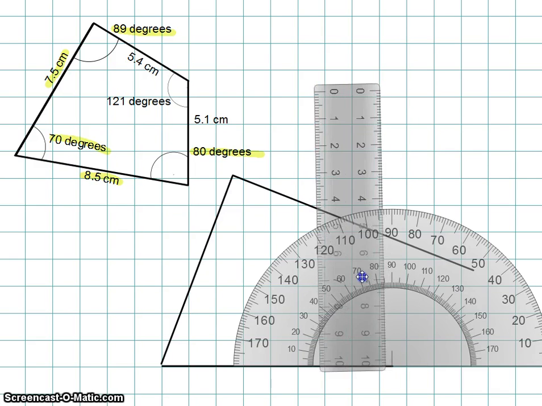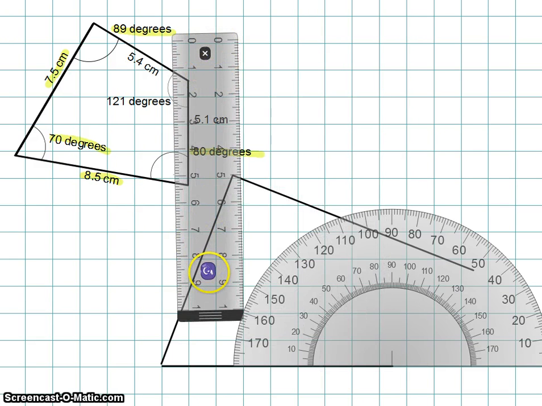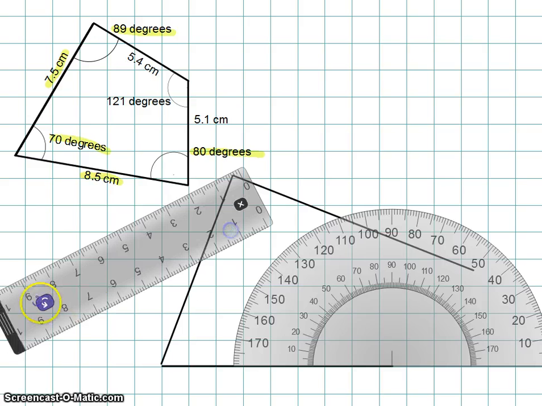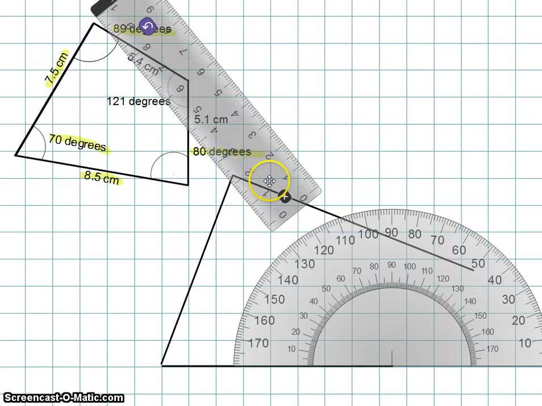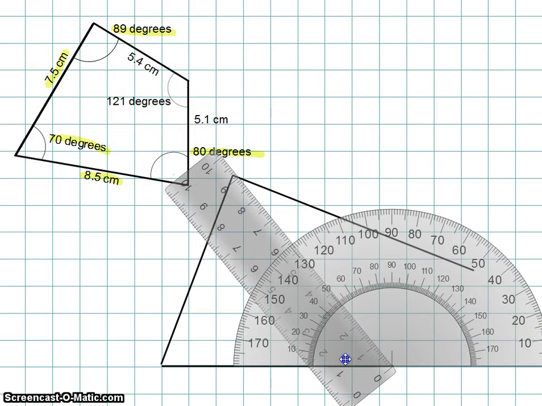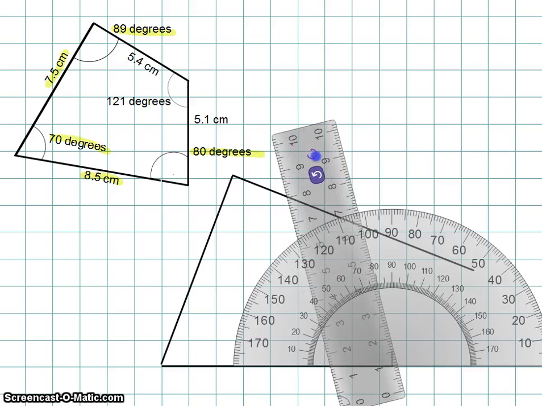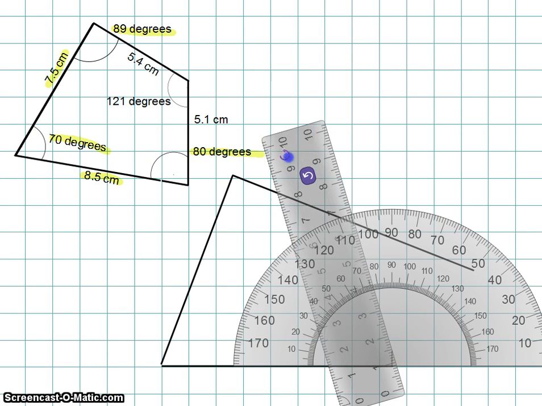Actually, I should go the opposite way, like that. So I'm going to position the tip there and rotate it around.